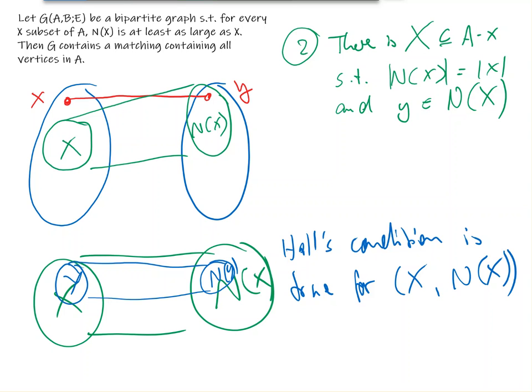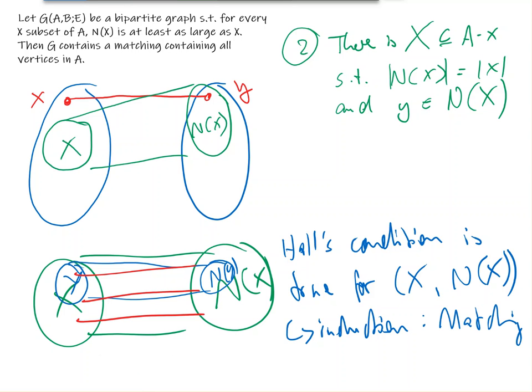And therefore, by induction, we have a matching in this graph. So somehow we can find a matching over here, which matches all the vertices of X to vertices in N of X. In this case, there's no vertices left over on the right side because the sizes of X and N of X are the same.